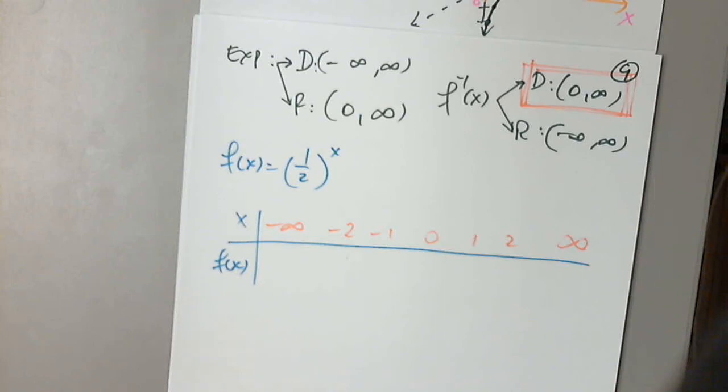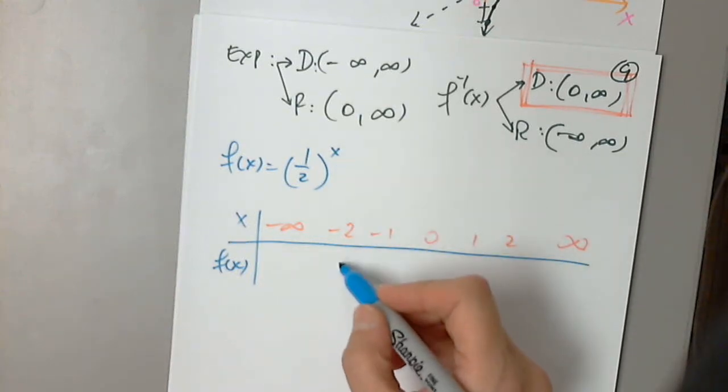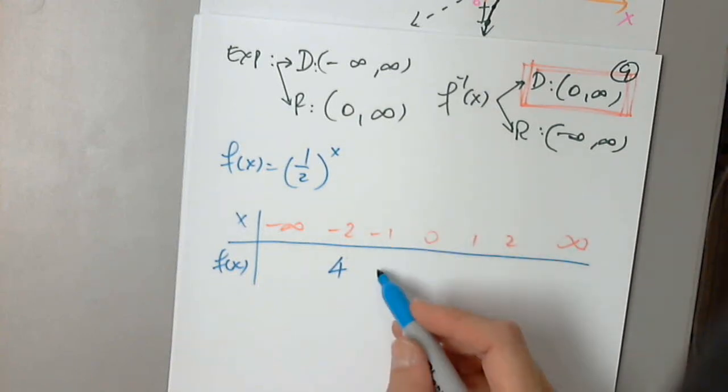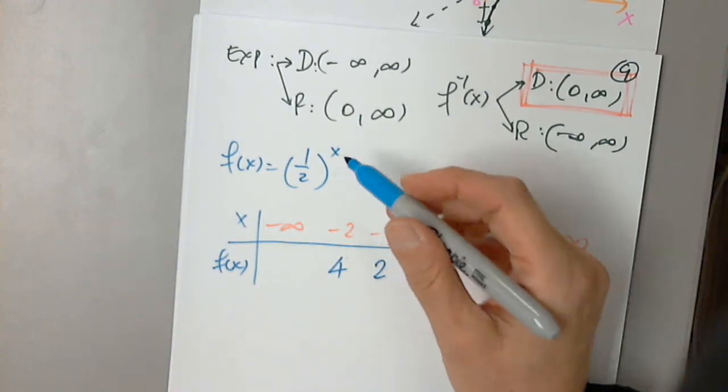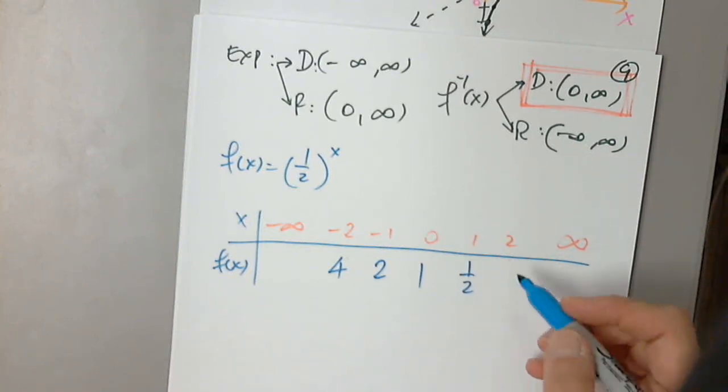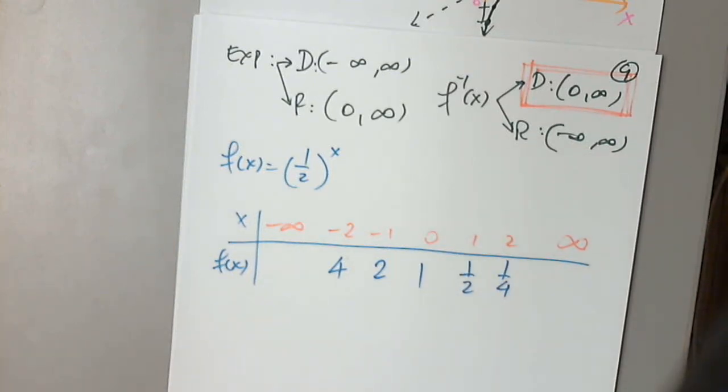Ready? When we plug in -2, what do we get? Excellent. When we plug in -1, we get? Excellent. When we plug in 0? Excellent. 1 and 2? 1/4. Excellent. Now we have to figure out the end behavior, please, slowly. 4, 2, 1, 1/2, 1/4, 1/8, 1/16, 1/32, 1/64, 1/128.